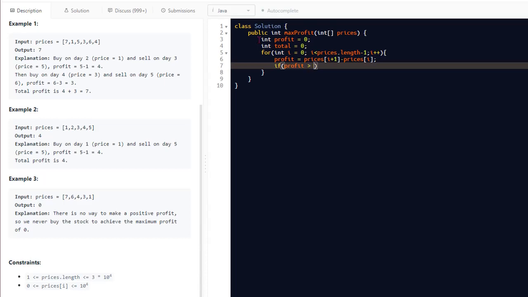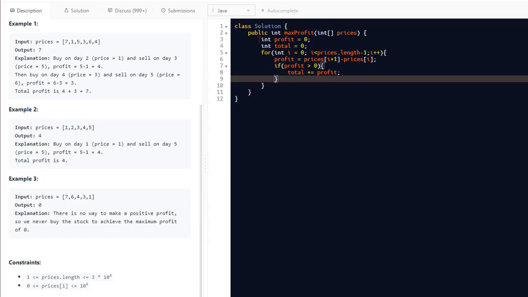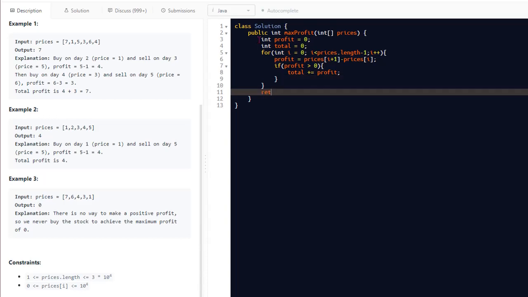So then we're going to go ahead and add that to the total. Only if the profit's greater than 0 do we add it to the total. And if not, we just iterate through and keep going. So we're going to do this till we get to the end of the array. And then at the end of that, we're going to return the total, because that'll be the total summation of all of the profit made.